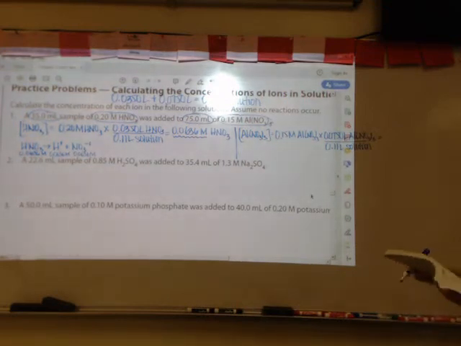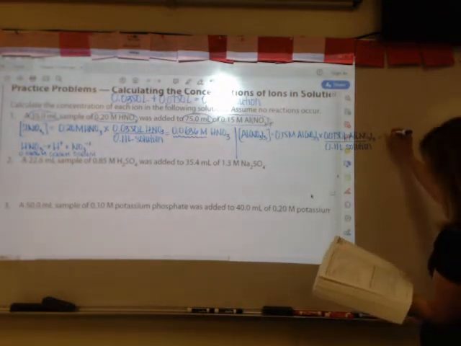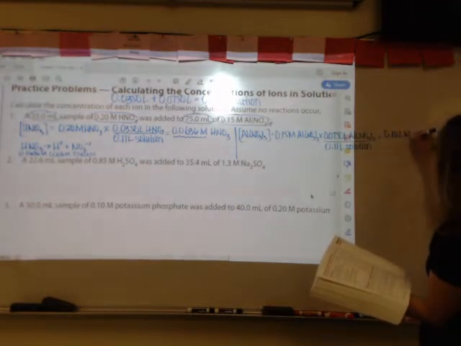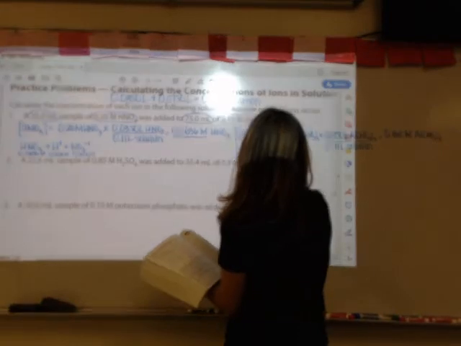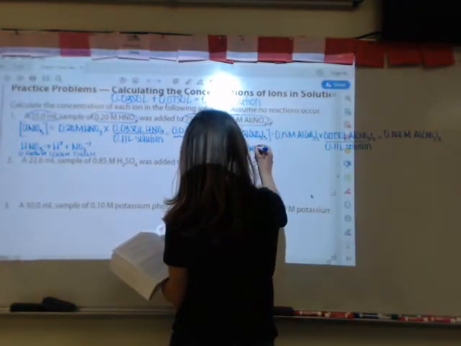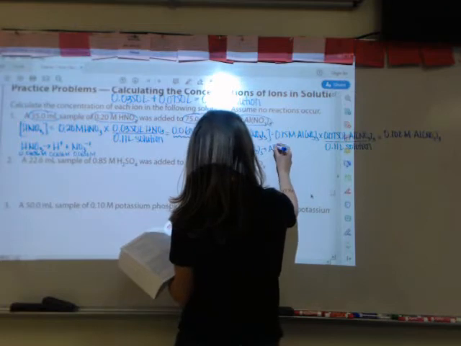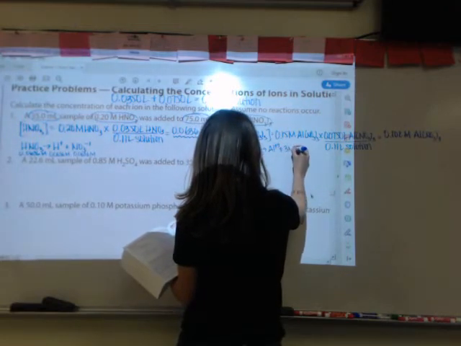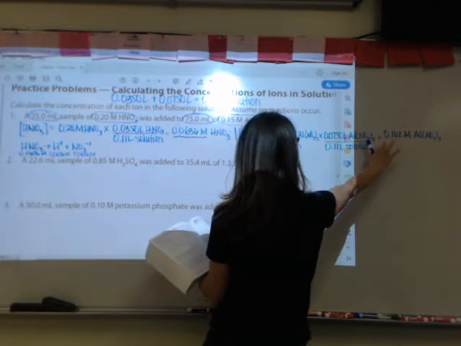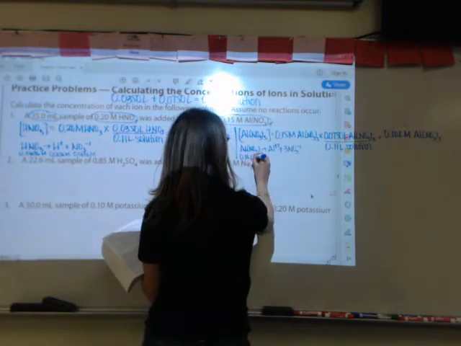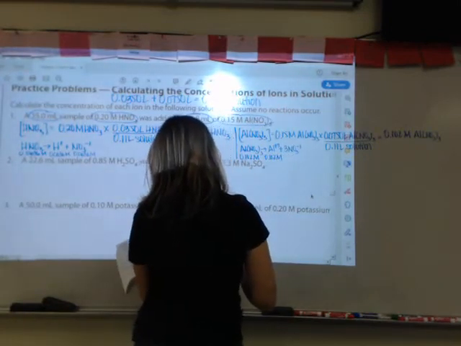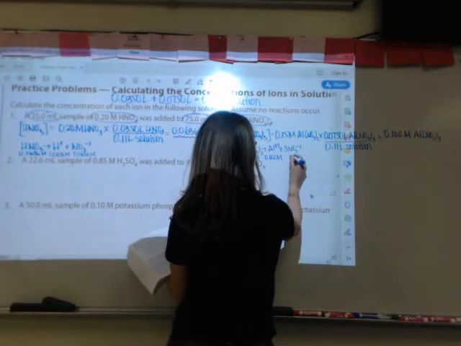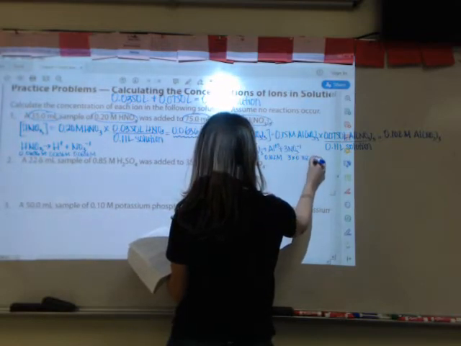And if you want that molarity, it is 0.102 molarity for the aluminum nitrate. Okay? And since aluminum nitrate dissociates into an aluminum ion and 3 nitrate ions, if that concentration is 0.102 molarity, the aluminum ion concentration is also 0.102 molarity. And the nitrate ion would be 3 times 0.102.